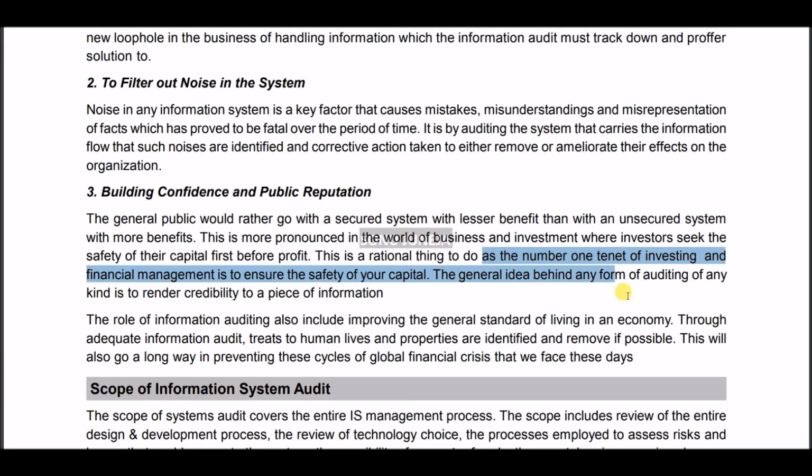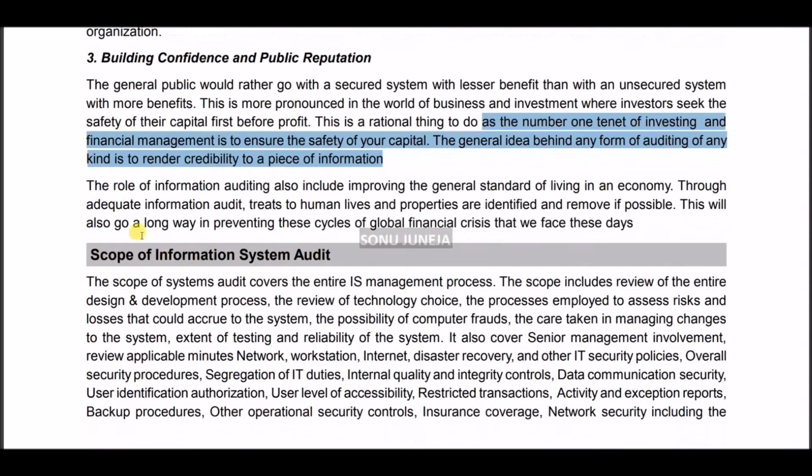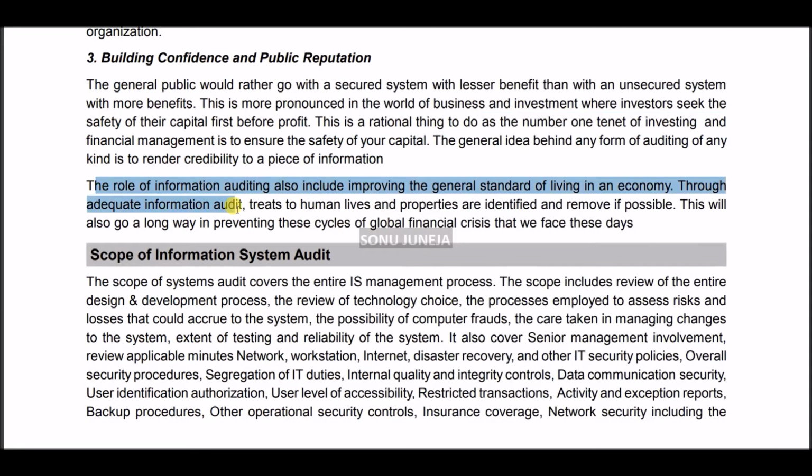The general idea behind any auditing of any kind is to render the credibility to a piece of information. Now, the role of information auditing also includes improving the general standard of living in an economy through adequate information audit, threats to human lives and properties are identified and removed if possible. This will also go a long way to prevent the cycle of global financial crisis that we face these days.